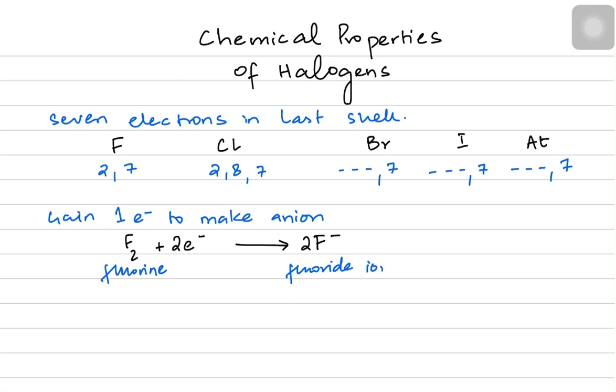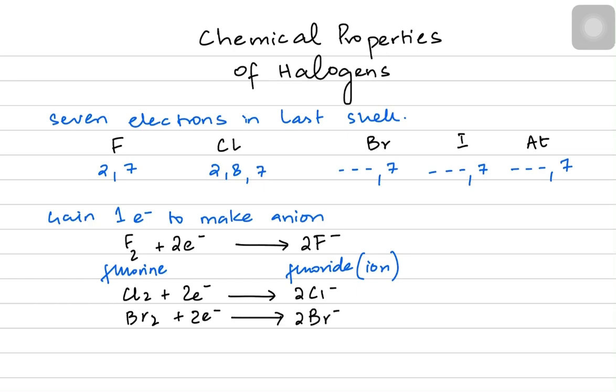Similarly, a chlorine molecule will gain 2 electrons. Each atom gains 1, and they become 2 chloride ions. Bromine gains 2 to become 2 bromide ions, and an iodine molecule gains 2 electrons to form 2 iodide ions. These ions are negative in nature. We call them halide ions.